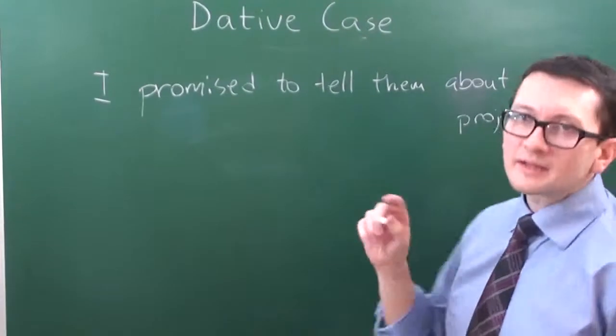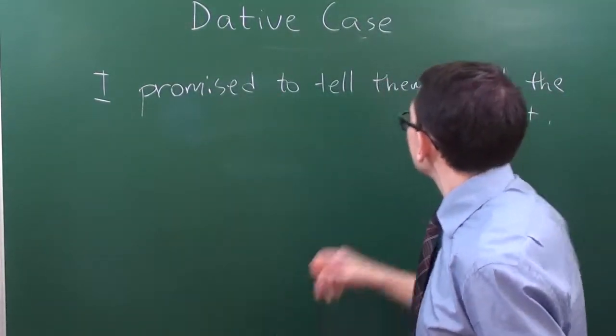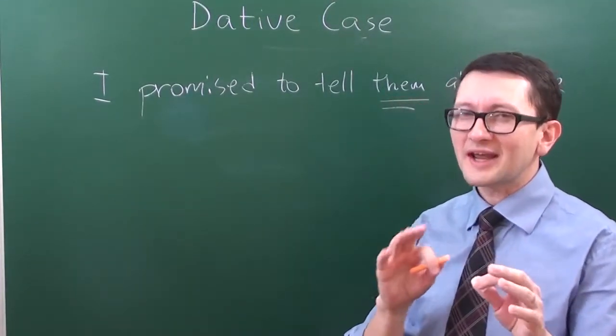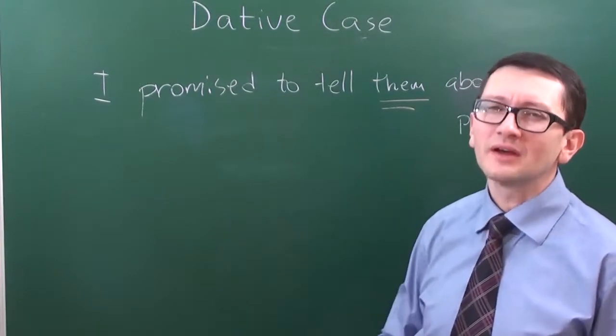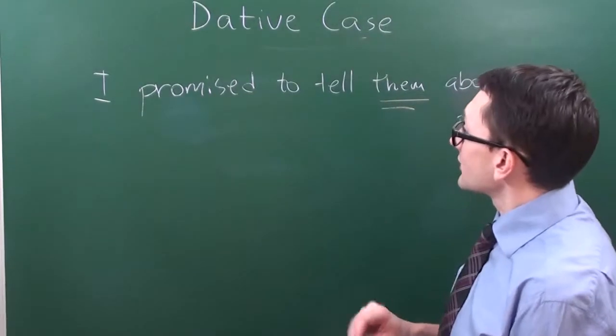I promised to tell them about the project, and as you already noticed, we use them, yes, and in Russian I think you already guessed that this word exactly would be in dative case in Russian. It would sound altogether like this.